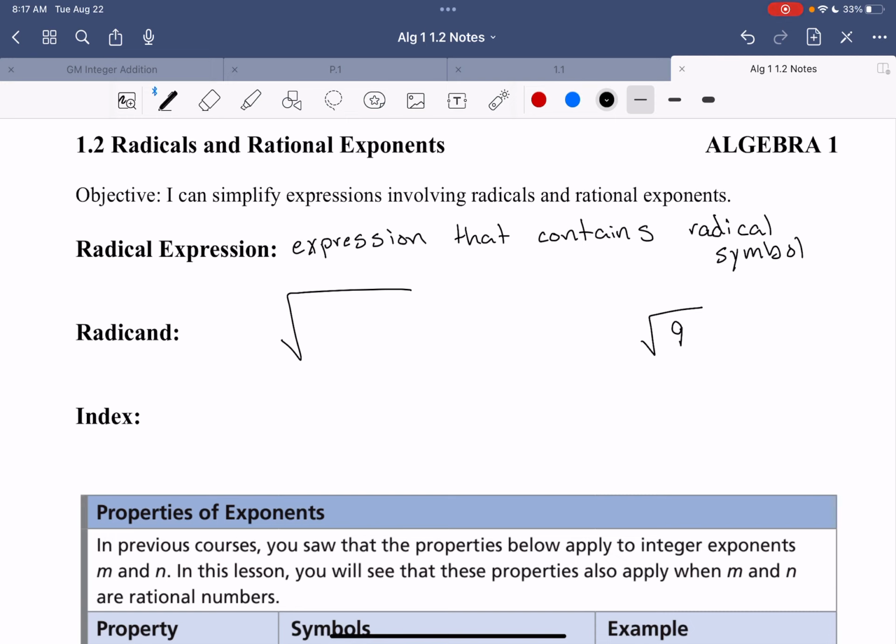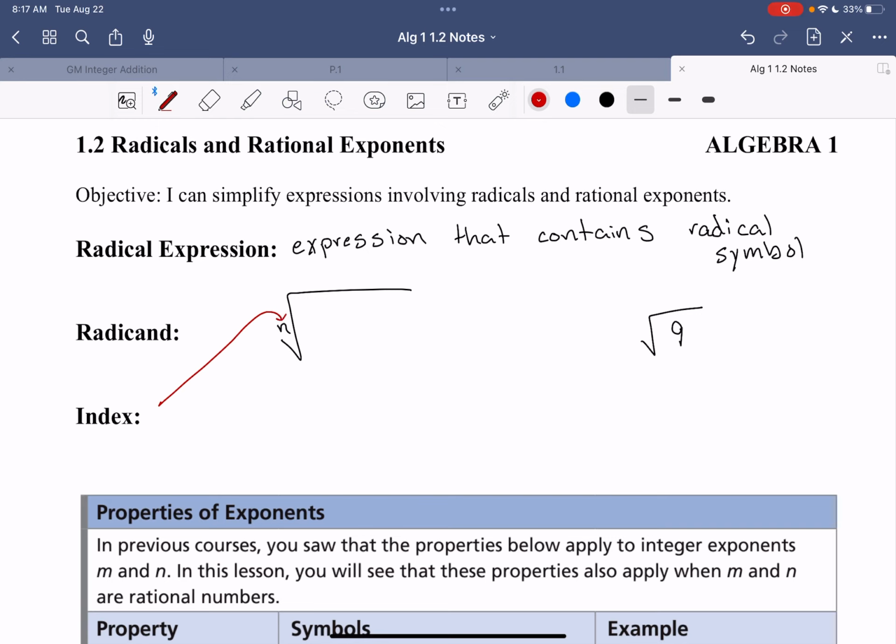But now we're not only going to be dealing with square roots, we're going to be dealing with what we call higher power roots because we're going to have other indexes. So you might be wondering where the index is. Many times we see a little number inside the little crook of that arm, and that is what we call the index.